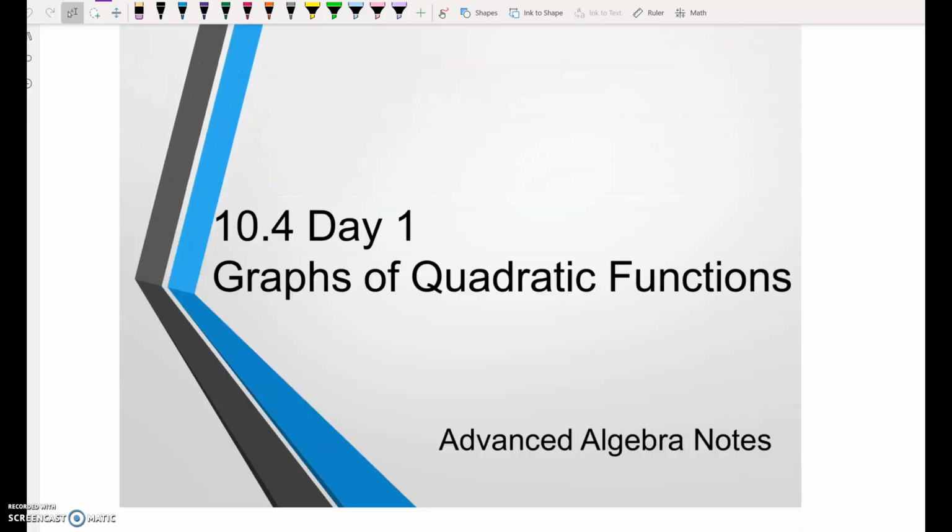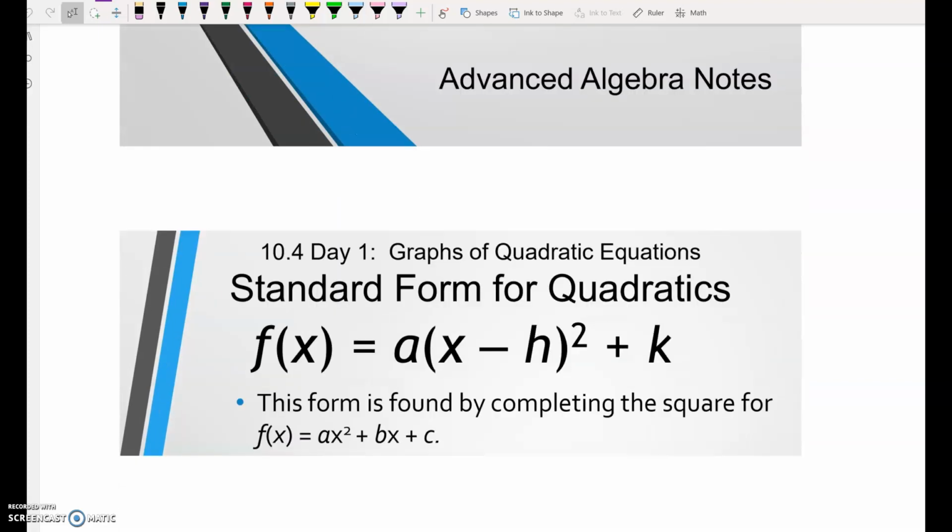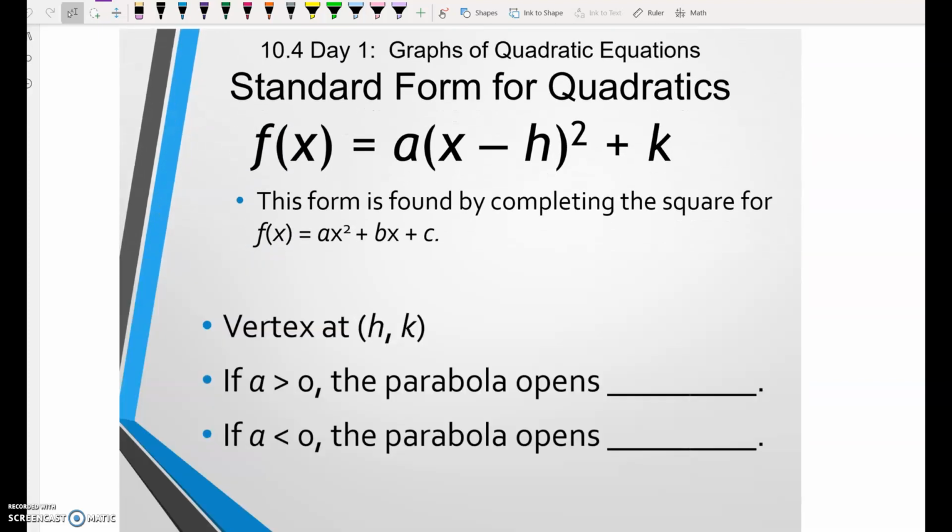Today we're going to look at graphs of quadratic functions, and we're going to start with what our book calls the standard form for quadratic equations. I would actually disagree with this. This is widely known in the math community as the vertex form of the quadratic equation. This form is found by completing the square for this.